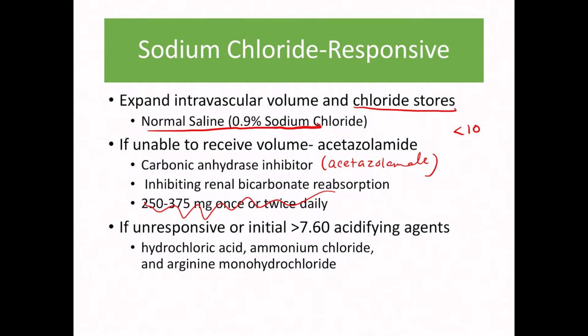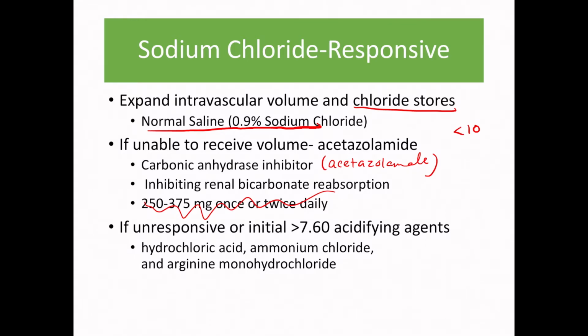So you're going to think to yourself, well, how am I going to know whether or not they should get acetazolamide or more normal saline? You're going to have to use those things we talked about before in the fluid balance lecture and try to look and see, does my patient look either hypovolemic or hypervolemic?